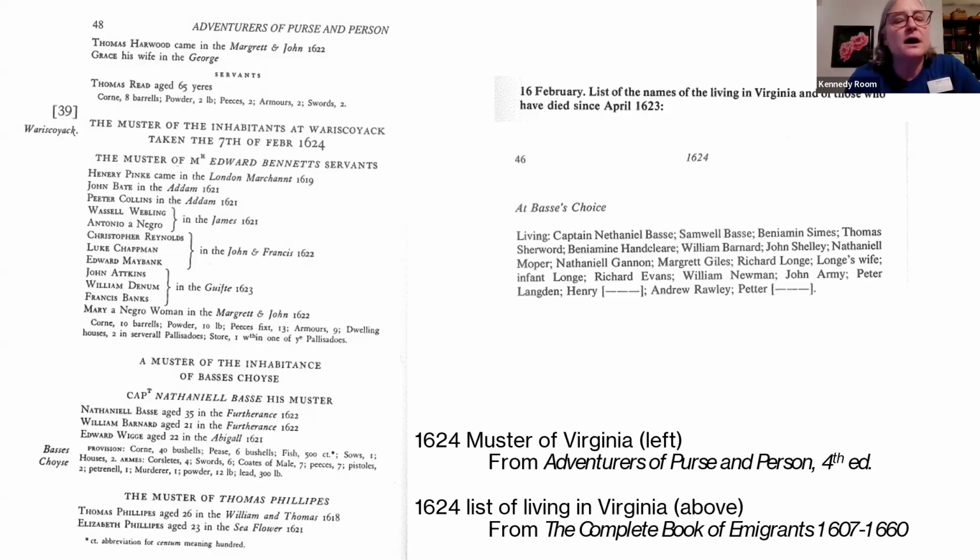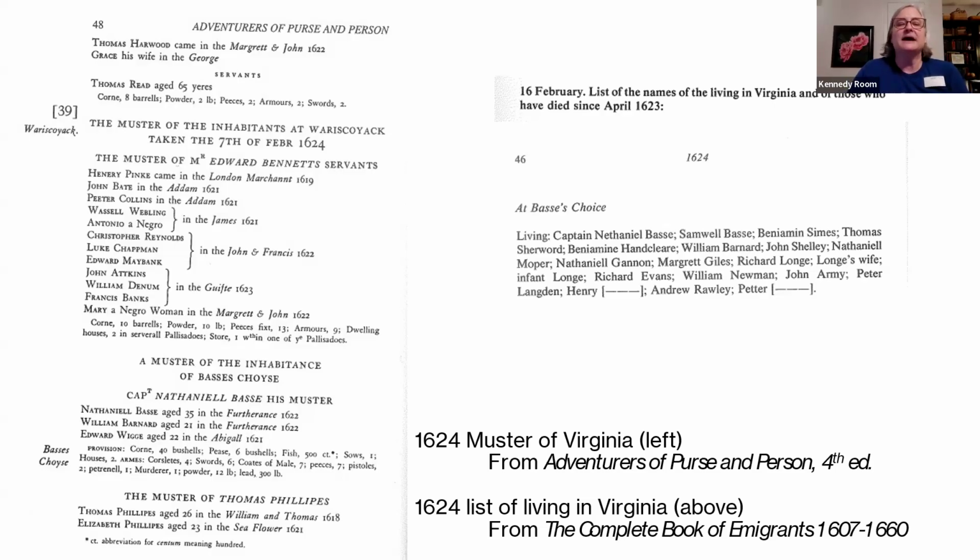William Barnard, age 21, also in the Furtherance, and Edmund Wiggy, age 22, in the Abigail in 1621. And then you also get the provisions that they had. They had 40 bushels of corn, 6 bushels of peas, etc., etc. So you can find out some very interesting information.